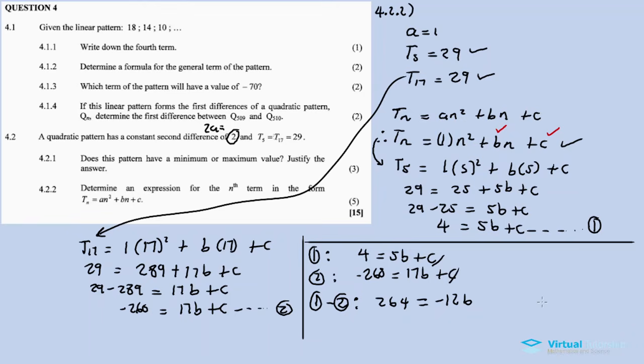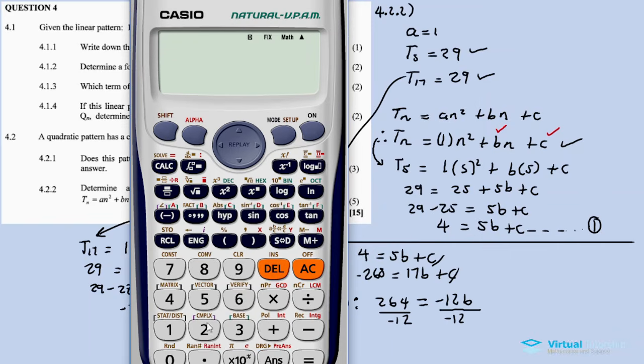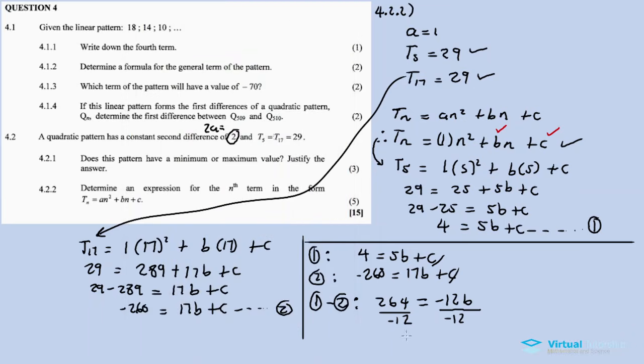That is where we eliminate c, so that we are left with one variable and can solve the equation. In simultaneous equations you want to solve the variables one at a time. So 264 divided by minus 12 is negative 22, equal to b.